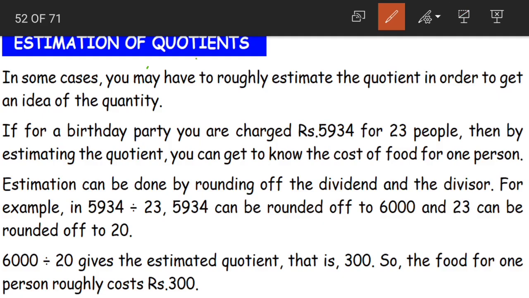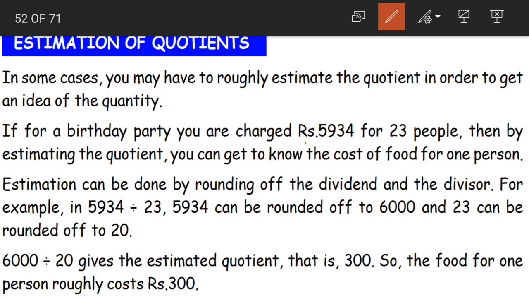In the same way, for estimating our quotient, we need to round off both the dividend and the divisor to their nearest tens or hundreds. And then after rounding off, when we divide, we will get our estimated quotient.